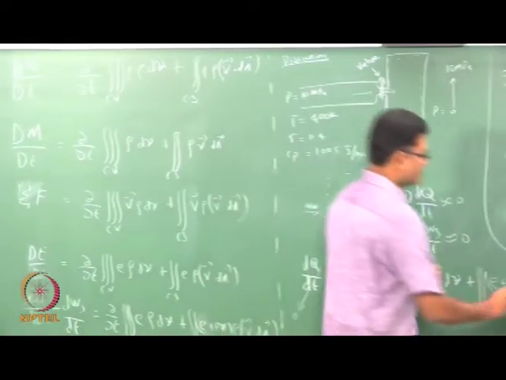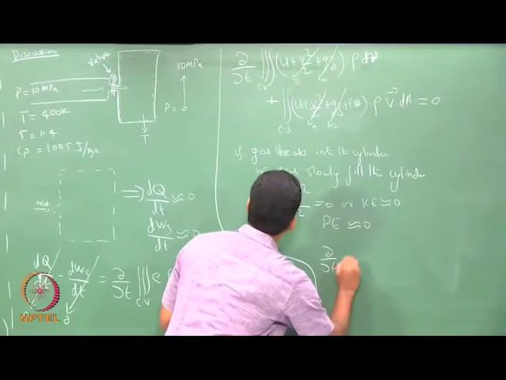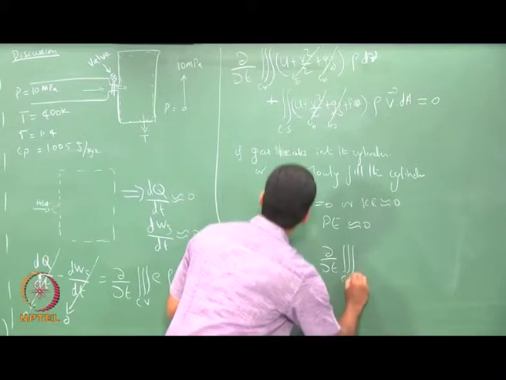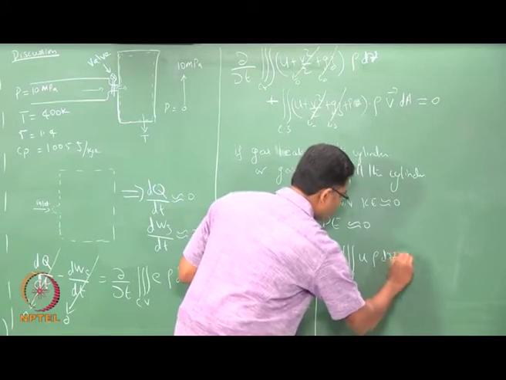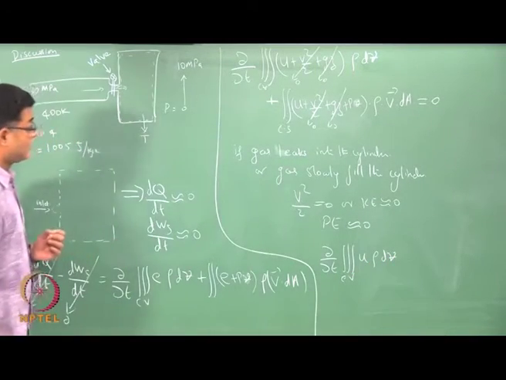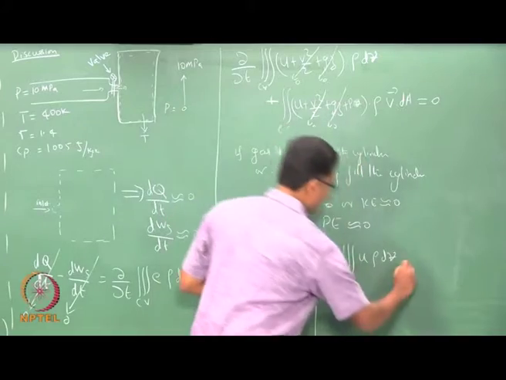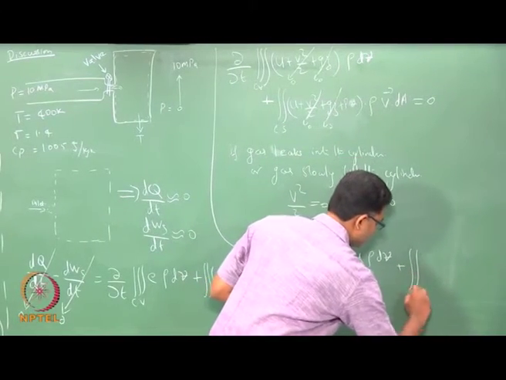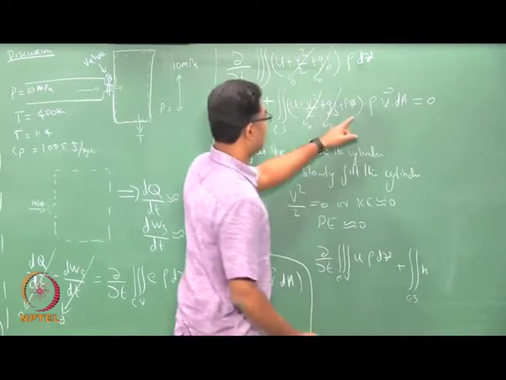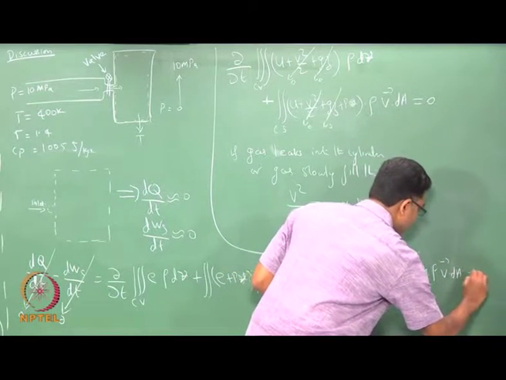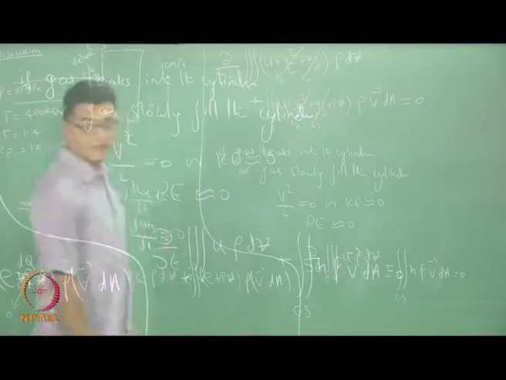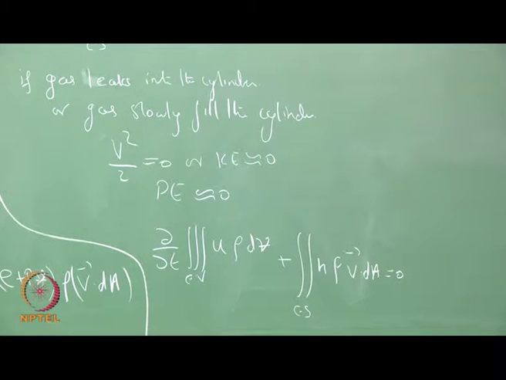You are left with del by del t of the triple integral of internal energy rho dV plus h into rho V dot dA.